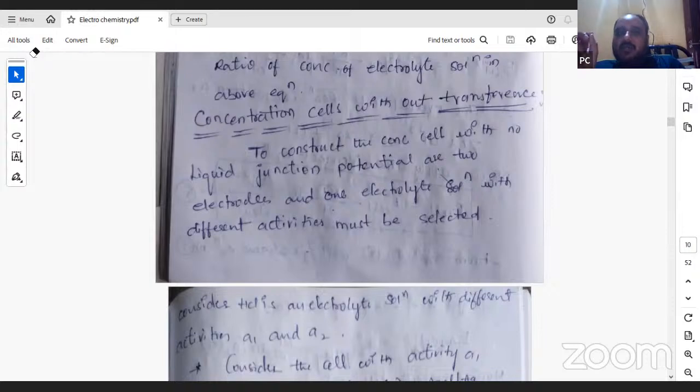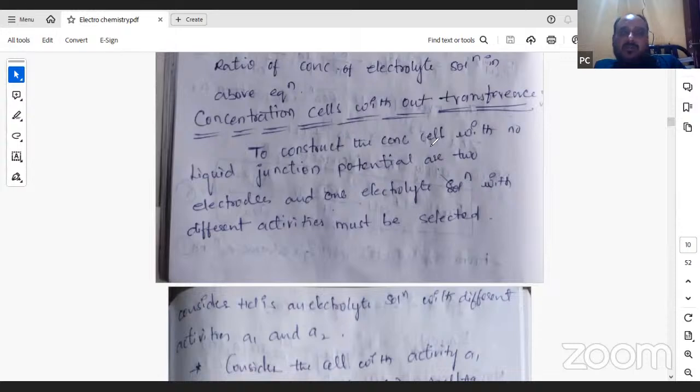This is the phenomenon involved in all these four equations, right? The same phenomenon for all. How the construction of that particular cell is done is the important thing, whether it is with transference or without transference, right? So based on that, we go through, right?